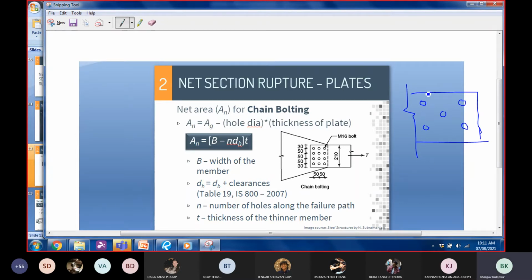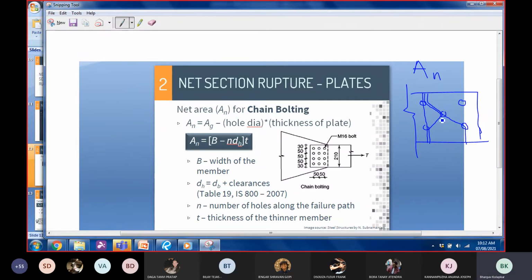In that case, the failure path is not the same, right? The failure path can be this, or this, or this. We cannot know for sure because we do not know which path gives us the smallest value of net area. We'll have to find out.